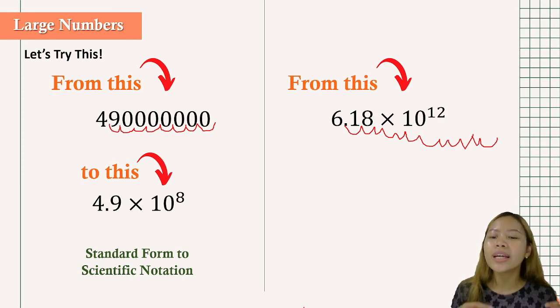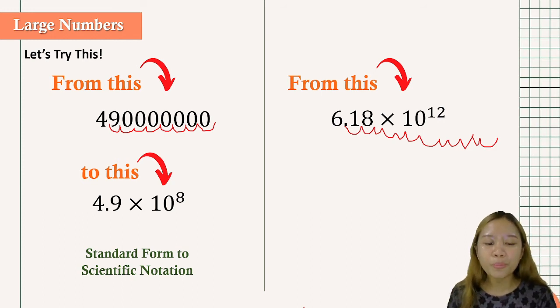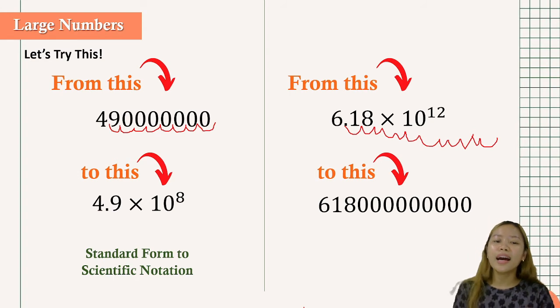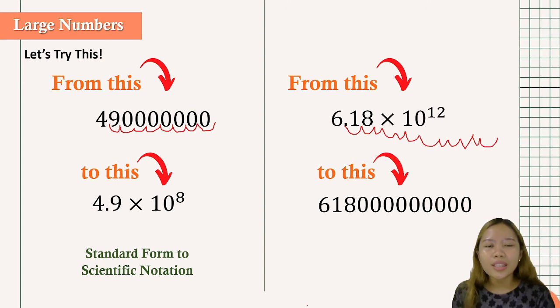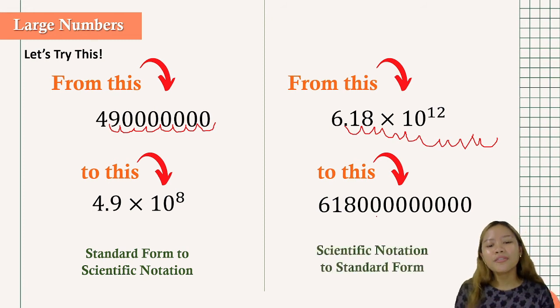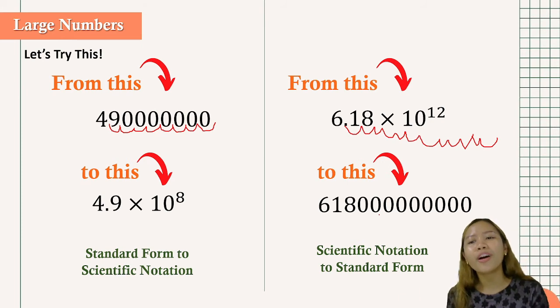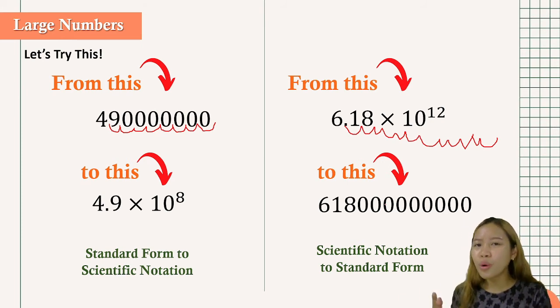So for our standard form, it will be this one. So that is 618 billion. Okay. So there. So this is scientific notation into standard form. Okay. So this is how we convert standard form to scientific notation and vice versa using large values. Now, how about for the small values? How are we going to do it?